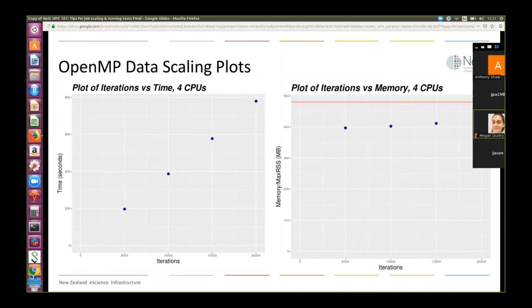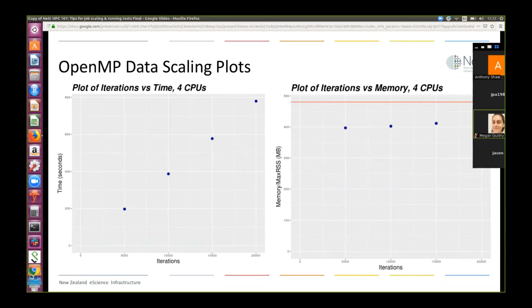You take the mean of that number, and then you would multiply that by however many iterations, or the size of your data that you're looking to do. In this case, it would be 60,000. And so the mean of that number is actually 0.039. And if you multiply that by 60,000, you can then estimate that if you were trying to do the full 60,000 iterations with 4 CPUs, it would take about 40 minutes.